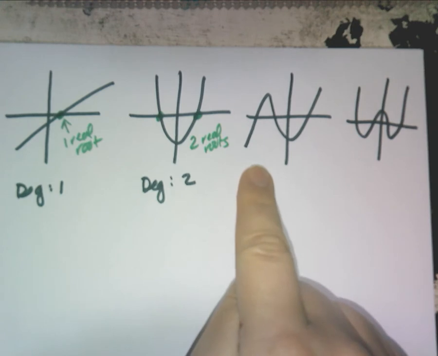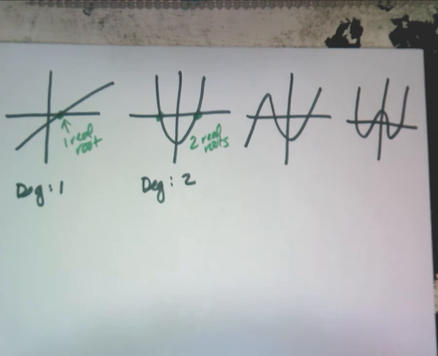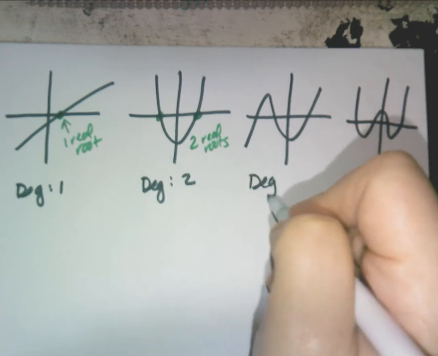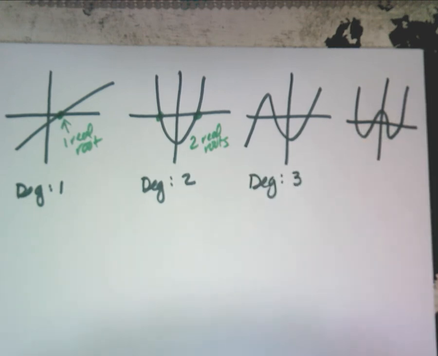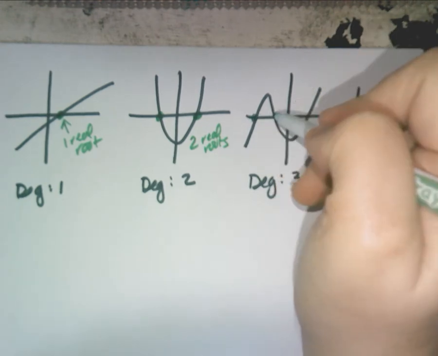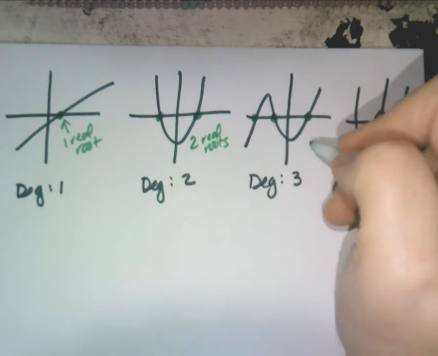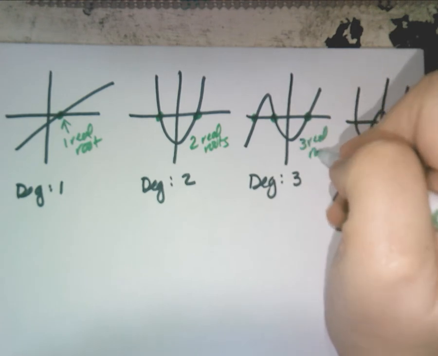This is what Miss Davis would refer to as a disco graph, right? This is a degree 3. Again, these have got to be familiar to y'all. If it's degree 3 and it crosses at 3 points, that means it has 3 real roots when it crosses the x-axis.